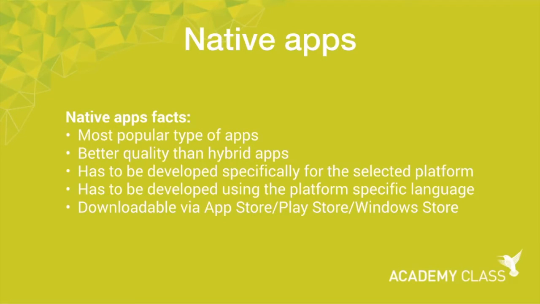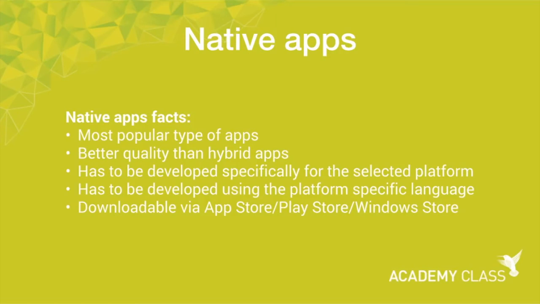They have to be developed specifically for the selected platform. That means if you are developing for iOS, you are using Swift or Objective-C. You are making an app, and after that you are not using any of the code which you made to port the app to Android. That means the Android app has to be completely independent from the iOS app.